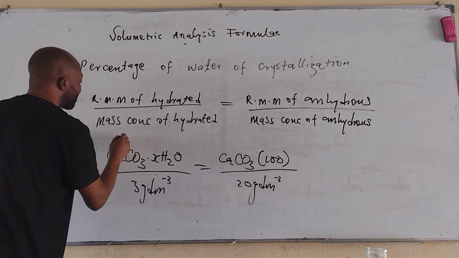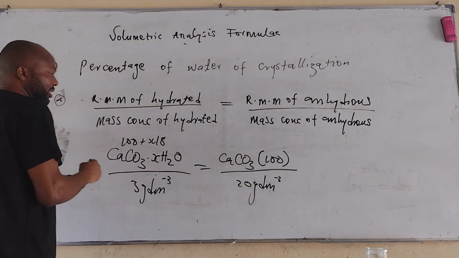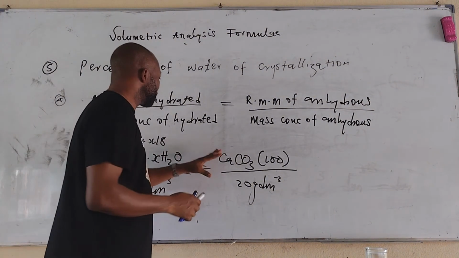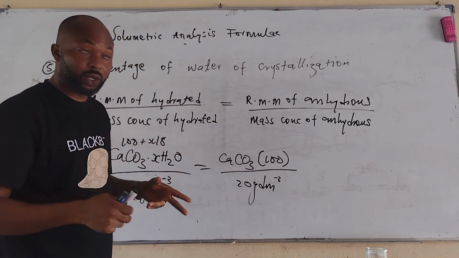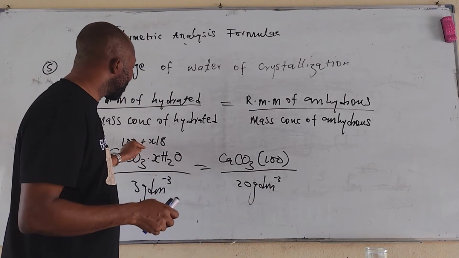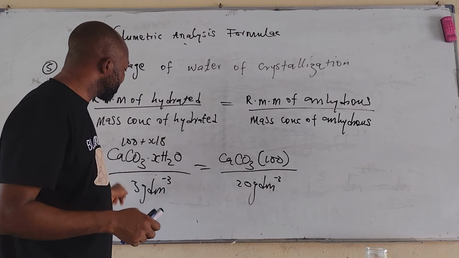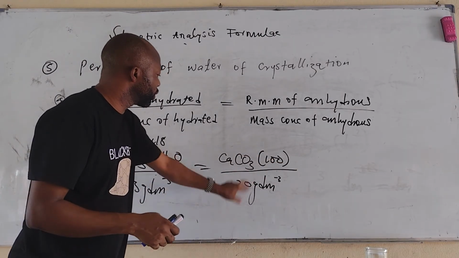So here, remember I said this is 100 plus X18, the relative molecular mass. So for you to have this formula means we want to know what the value of X is, which is the unknown, the number of moles of water of crystallization present in here. So we have to make 100 plus X18 over 3 g/dm³ equal to 100 g/mol over 20 g/dm³.